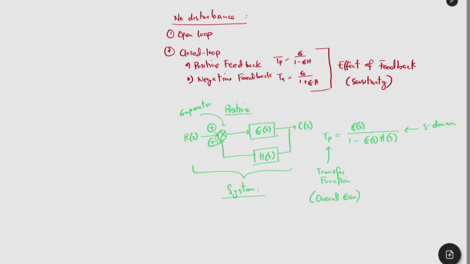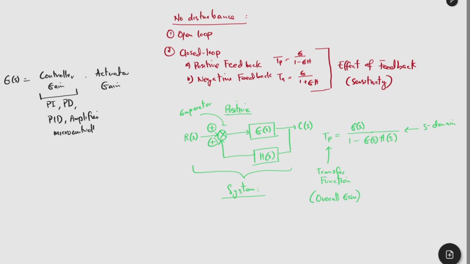And if you remember, G of S is the combination of the controller gain and the actuator gain. We know that a controller can be a PI controller, PD controller, PID, an amplifier, a microcontroller. All of these can be regarded as a controller.